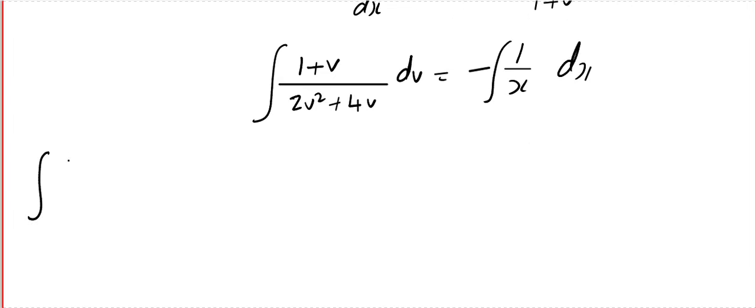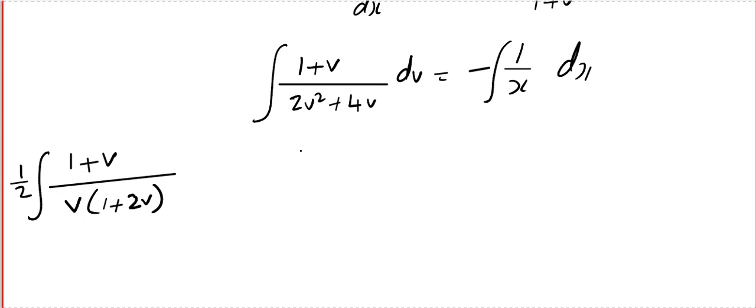Great. We have (1 plus v) by... 2 will come common, I'll take that outside. 2v into (1 plus 2v), that is (v square plus 2v)(1 plus 2v) dv is equal to minus integral 1 by x dx.